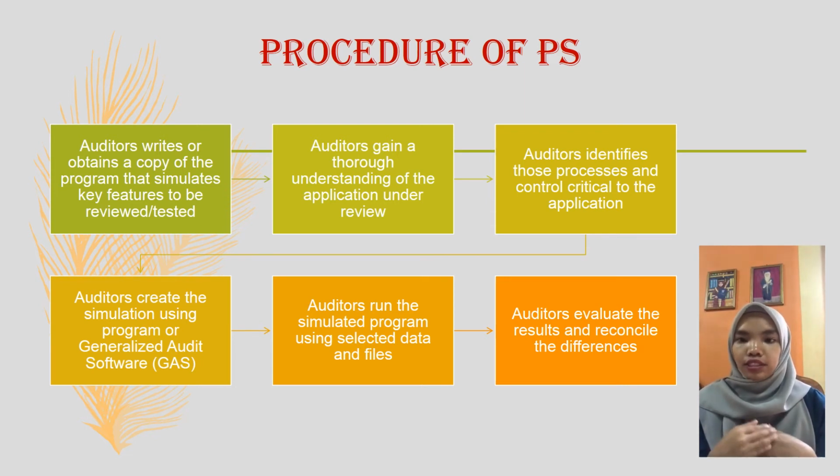After that, auditors will create the simulation using process or generalized audit software, which is GAS. After that, auditors will run the simulated program using selected data and files. Lastly, auditors will evaluate the result and reconcile the differences.